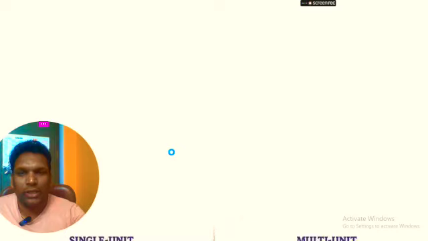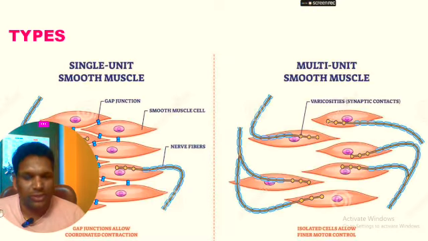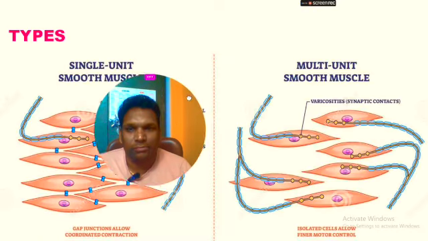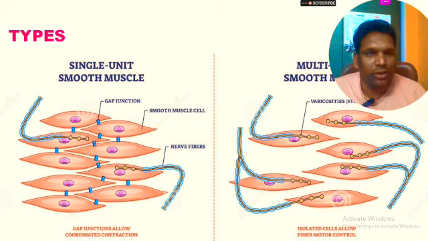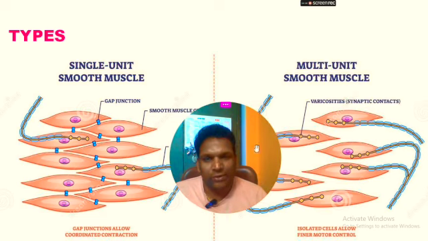But in multi-unit smooth muscle fiber, every fiber is innervated by a separate nerve. That is the difference between single unit and multi-unit smooth muscle fibers. This is in the gut, in the gut you can see.